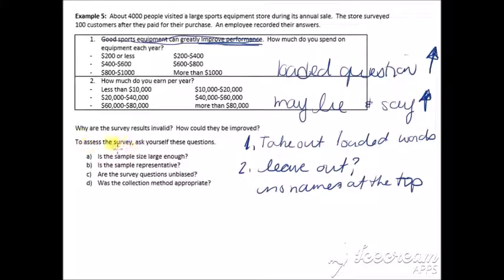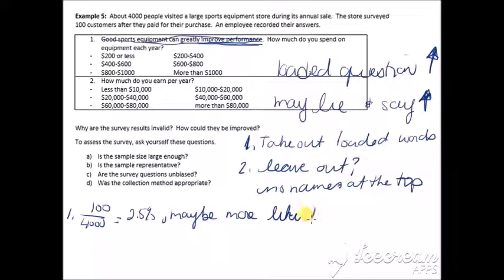Okay, to assess the survey, this is what we should be asking. Is the sample size large enough? So 100 out of 4,000. If we think about this, it's 1 out of every 40 people. That'd be 2.5%. I would kind of like to see a little bit more, maybe like 10%. Did I do this wrong?